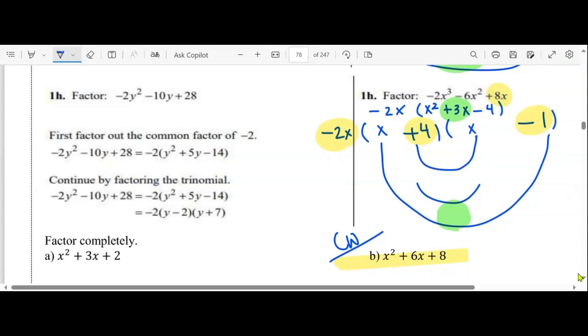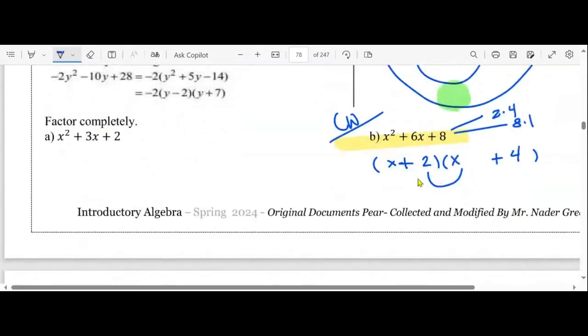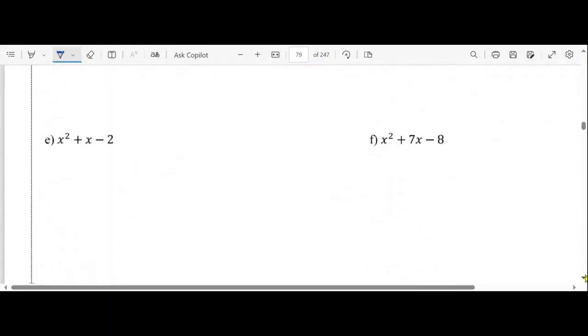Yalla. x plus 4 times x plus 2. 8 is what by what? 2 times 4 or 8 times 1? Which one do we choose? 4 and 2. Right. Is this clear? To check your answer, what do you do? Happy face.